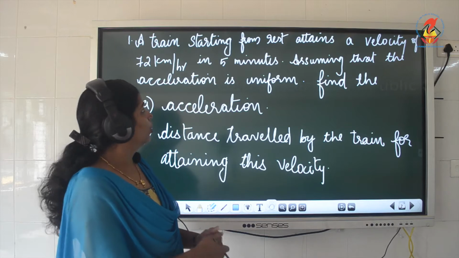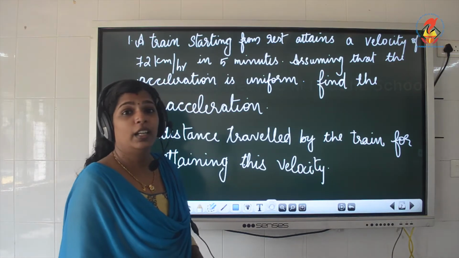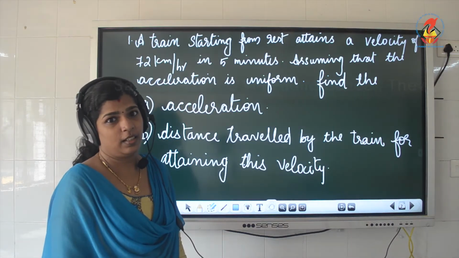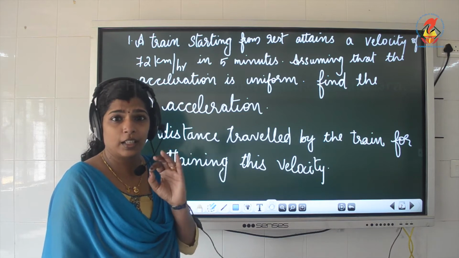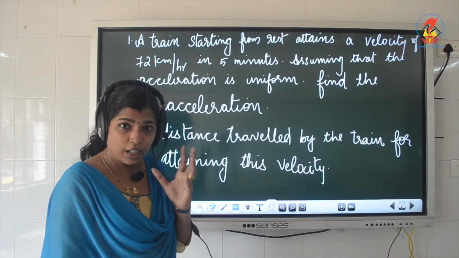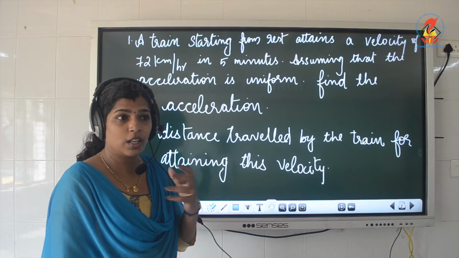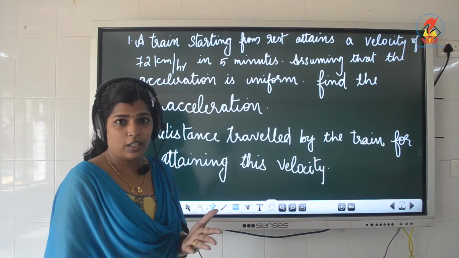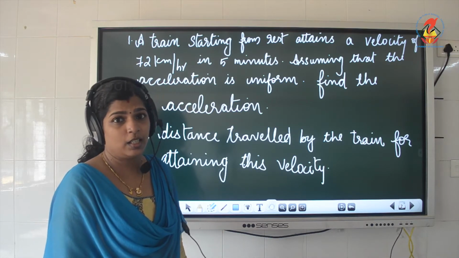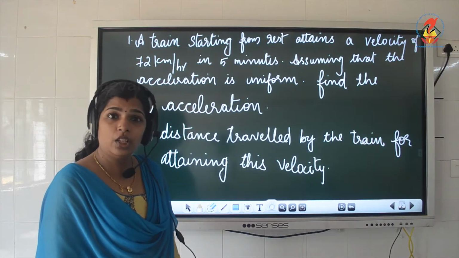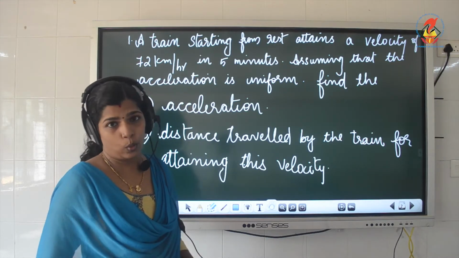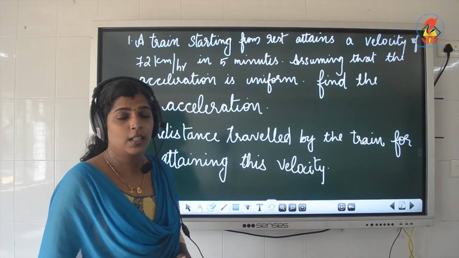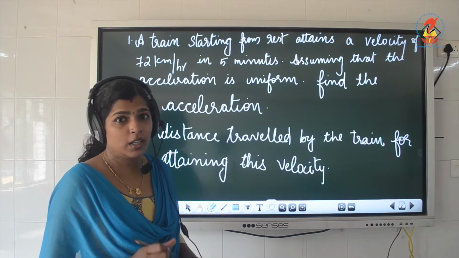Okay. So a train starting from rest. If any object is starting from rest, starting from a bus station, starting from a railway station, in all these cases, initial velocity will be 0.